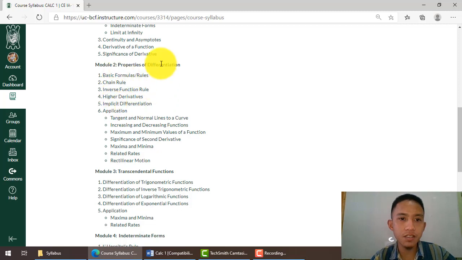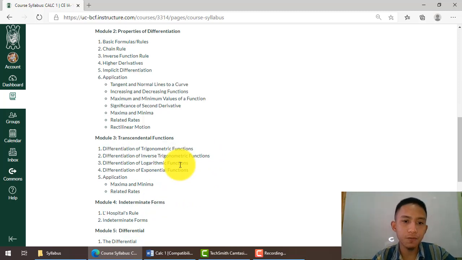Once we are done understanding how to apply differentiation on algebraic functions, and apply that on certain applications, we will proceed to trigonometric, inverse trigonometric, logarithmic, and exponential functions. Then once we know how to deal with these, we will go back to the same applications: maxima, minima, and related rates again.